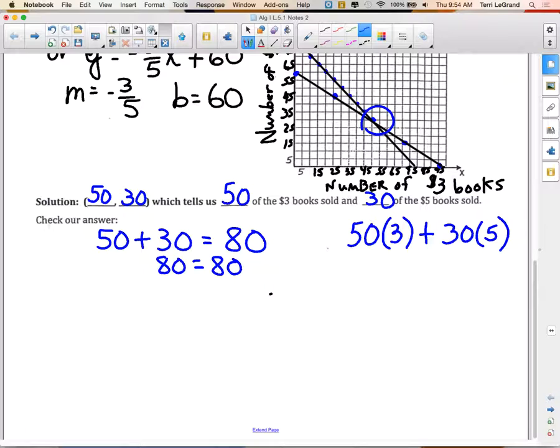What's 50 times 3? 150. 30 times 5. 150. 150 plus 150. 300. And is that what the total sales were? Was $300? So our answer makes sense. The number of books add up to 80. The dollar amount taken in by each of them adds up to the total of $300.